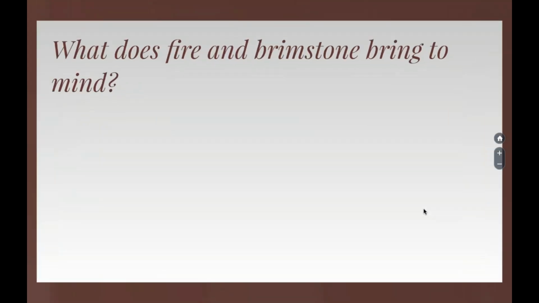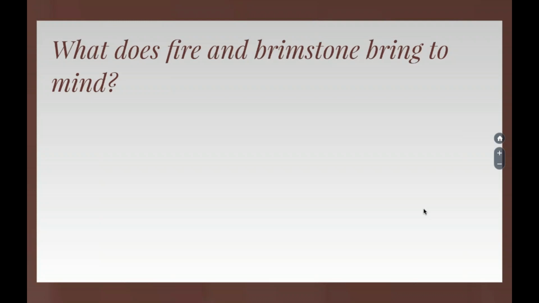And I'll ask you to sort of reflectively think about what fire and brimstone brings to mind, and really what the purpose of this section of the book is to help us think about how to be cautious in using doom and gloom in our discussions, because that can often have undesired effects.